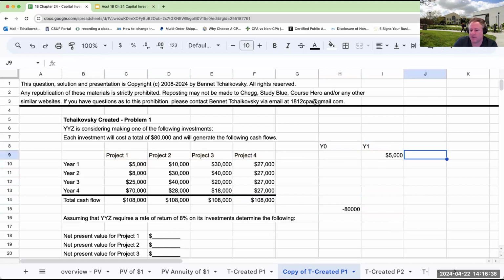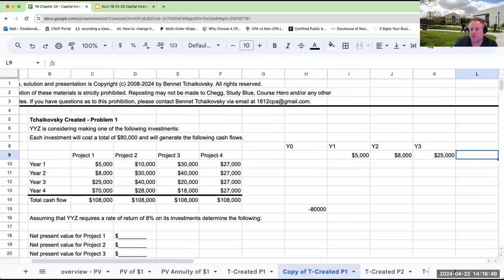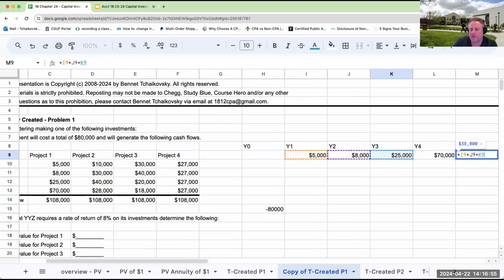In year two, I'm getting 8,000. Year three, I'm getting 25,000. And by year four, I'm getting $70,000. So I got a total of 108.